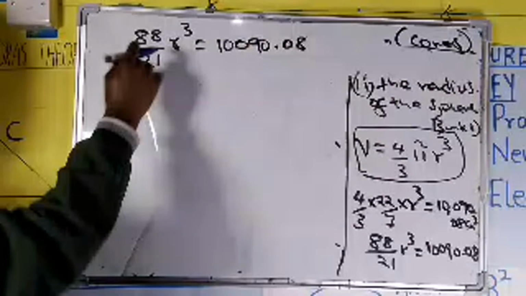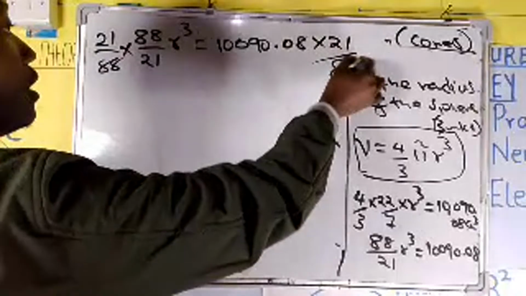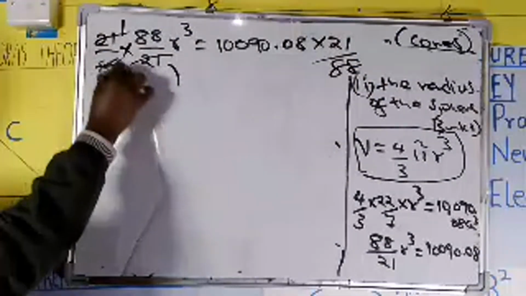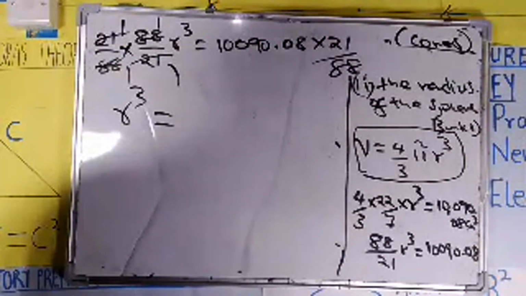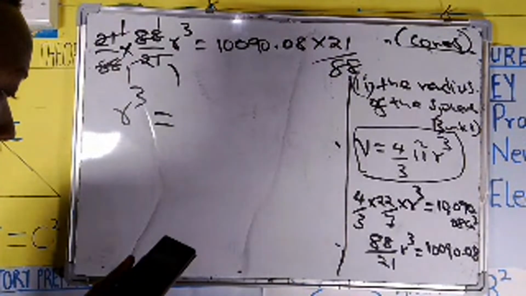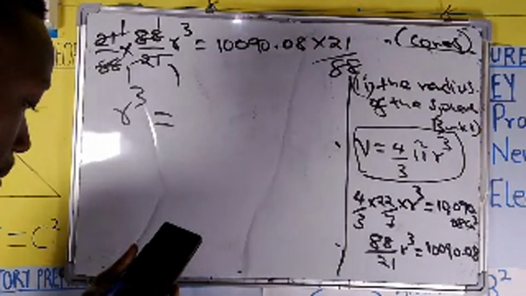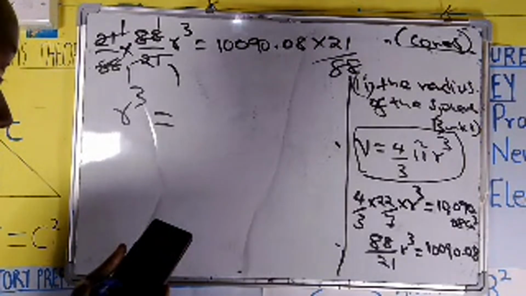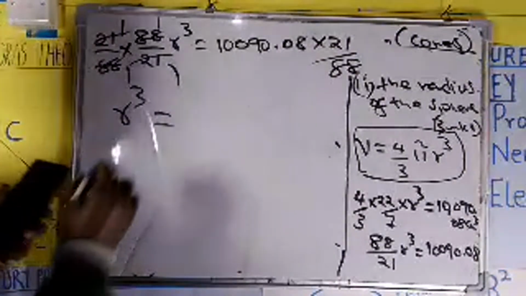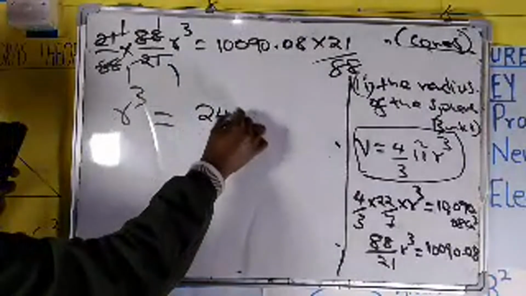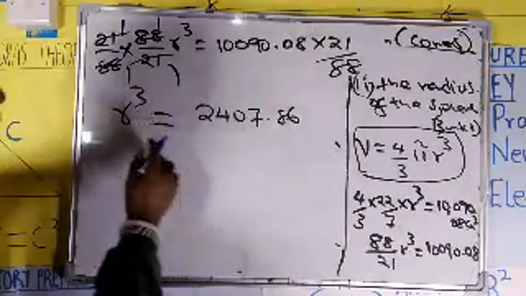We want to be left with r, so we will multiply by 21 over 88, and when we simplify, we will get r cubed is equal to 10,090.08 times 21 over 88, and that will give us 2,407.86. This is equal to r cubed.